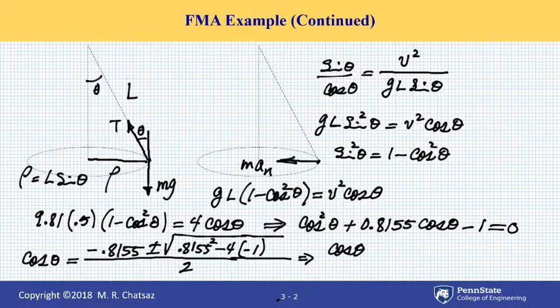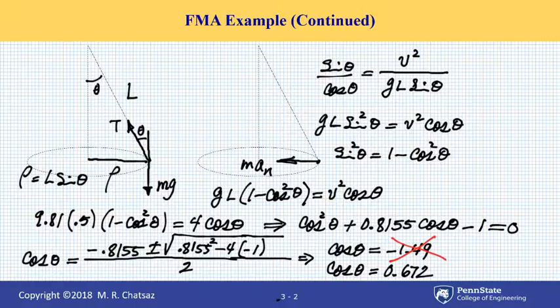One gives us cosine theta equal to minus 1.49. Second solution is cosine theta equal to 0.672. Of course, cosine theta can't be outside of the interval minus 1 to 1.